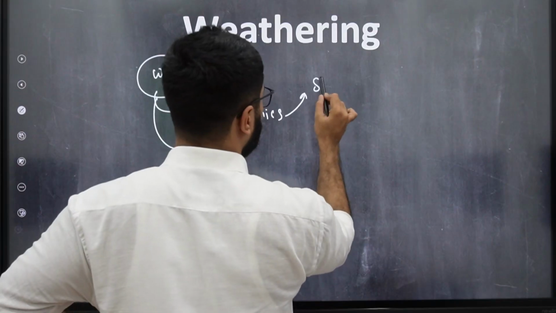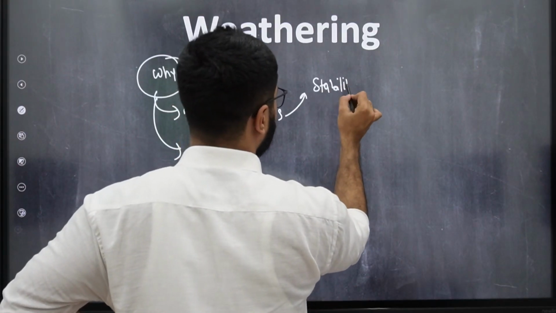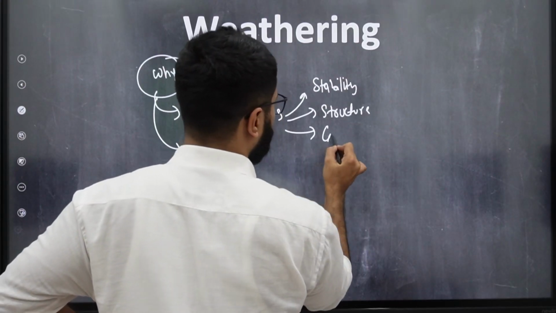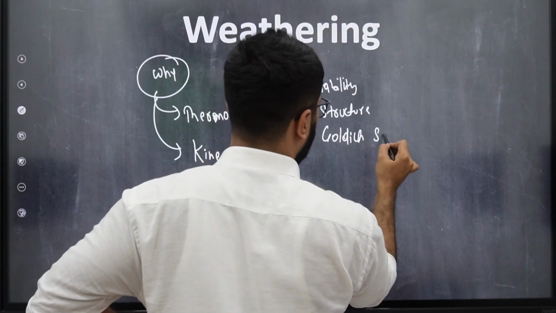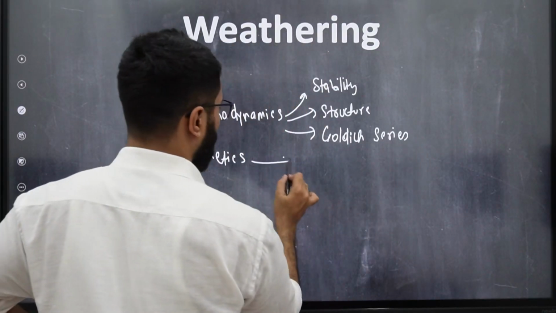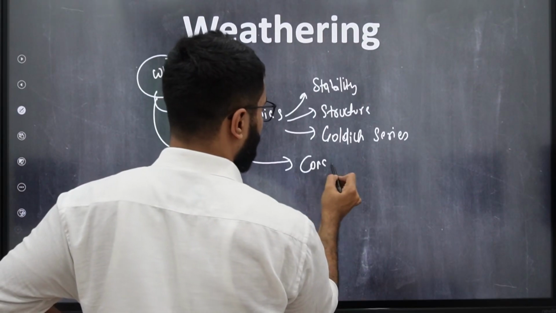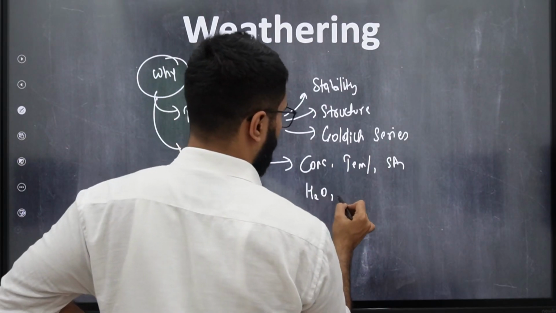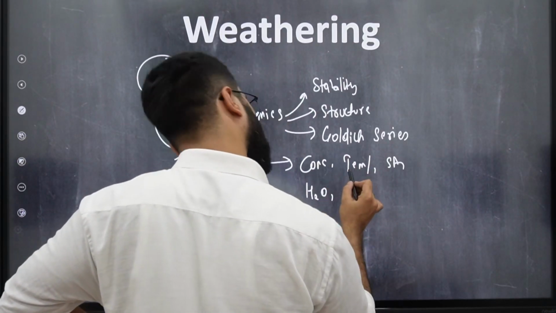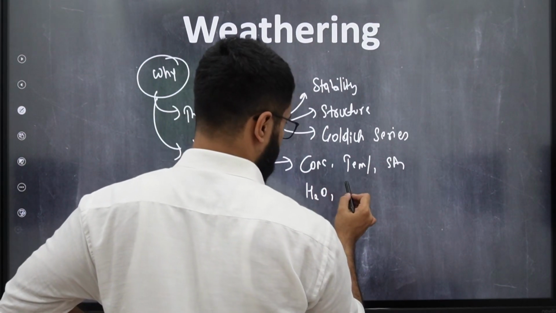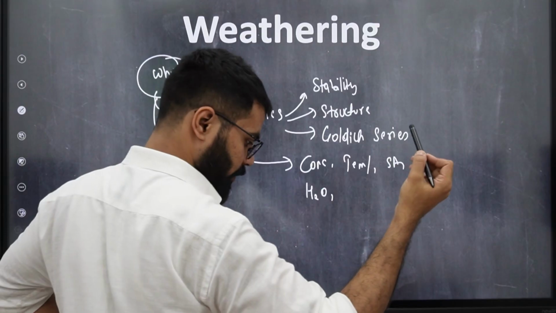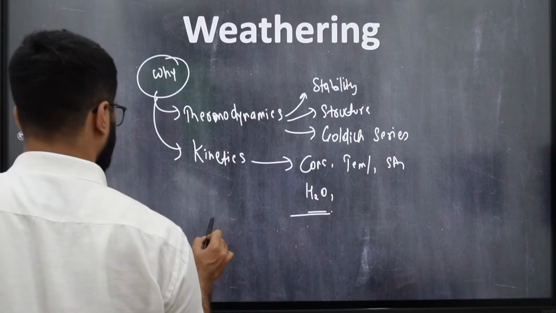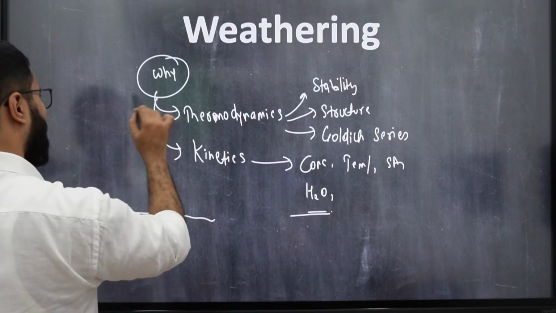We have seen stability. We have talked about the structure. We have talked about the Goldilocks series. We have talked about the controlling factors, out of which concentration, temperature, surface area, water, and what else? Am I missing anything? That's all. So these are the primary causes of why weathering takes place.